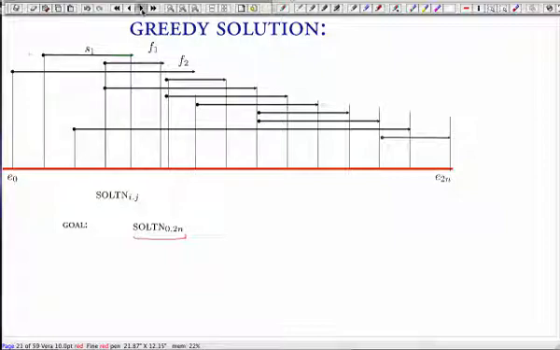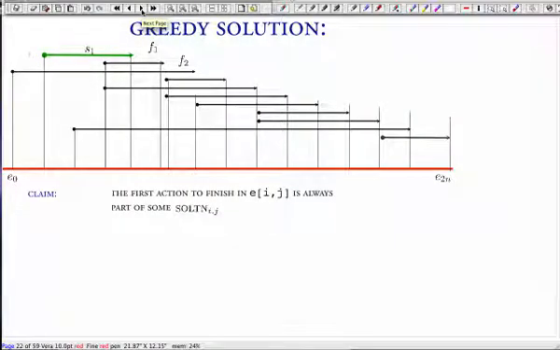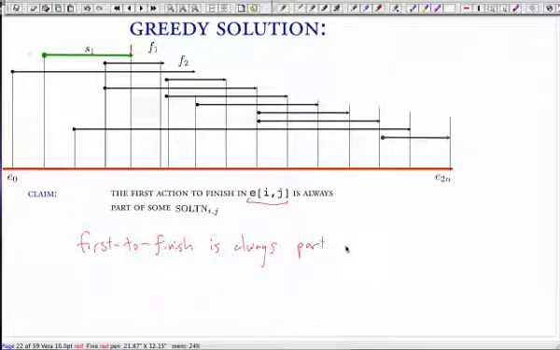And now this is the point that I want to make here. I'm going to claim that for any period, the first activity to finish is always part of the maximal solution for that period.